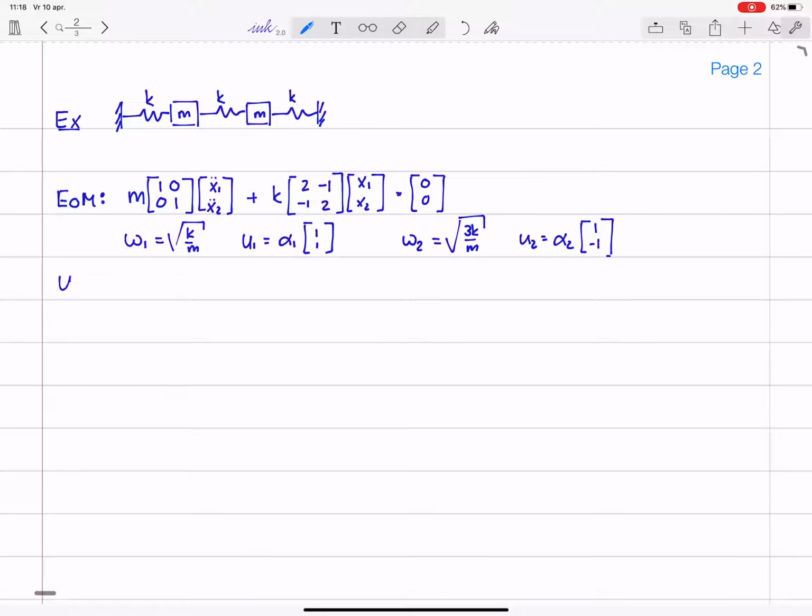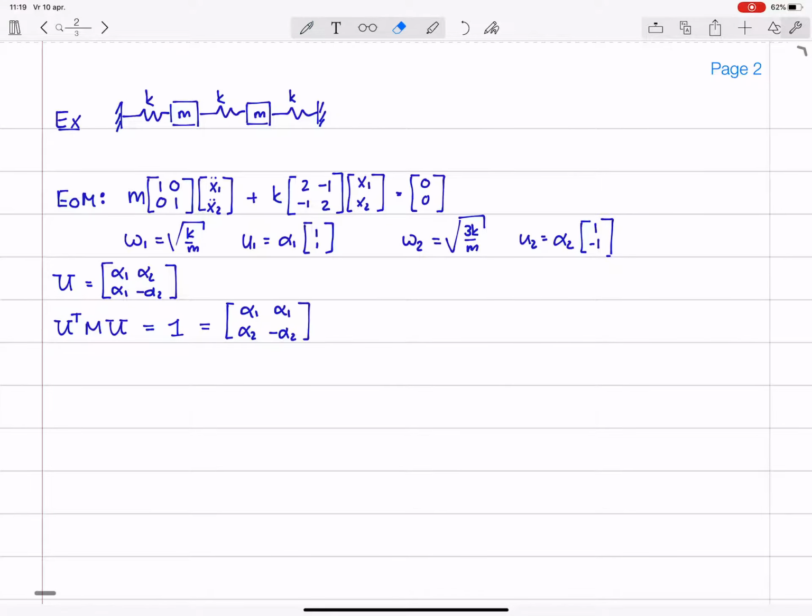I will first construct the modal matrix U, which will be alpha 1, alpha 1, alpha 2, minus alpha 2. Now let's compute U transposed times M times U, and let's demand that this is the identity matrix. So U transposed is alpha 1, alpha 1, alpha 2, minus alpha 2, times the mass matrix.